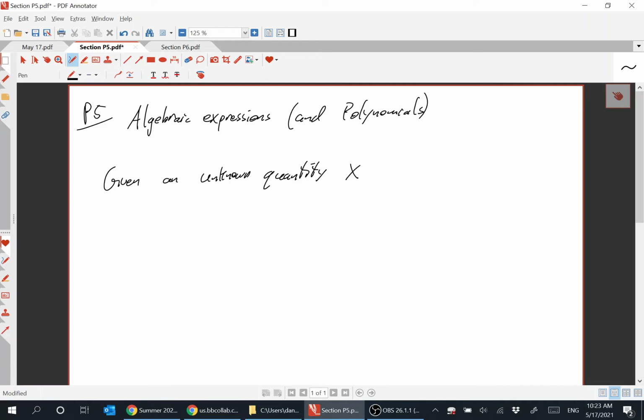An unknown quantity is just some quantity you don't know what it is. So you give it a letter, x. A variable is an unknown quantity that can change. And that distinction becomes important later in calculus. Here, not as much. But anyway, given an unknown quantity, or a variable.